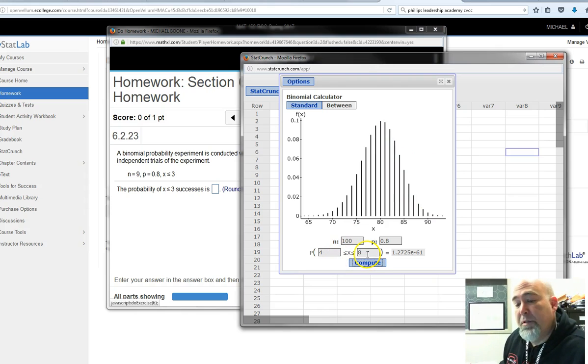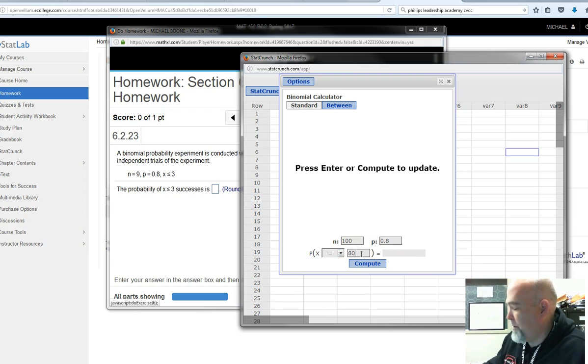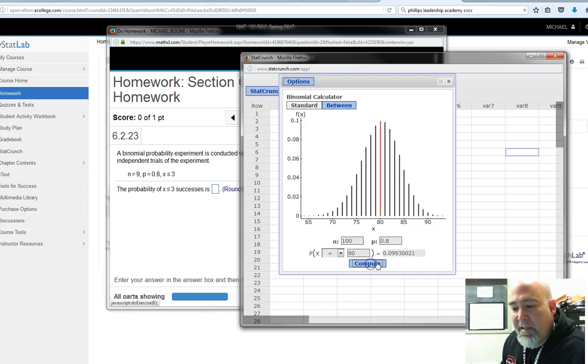Notice to get in between 4 and 8, it's pretty unlikely. But we would think that the highest one would be 80 because 80% of 100 is 80. So let's find out what that probability is. To make exactly 80 is about a 9, almost 10% of the time I'm going to make 80.